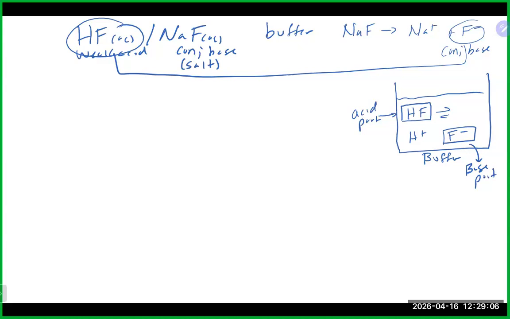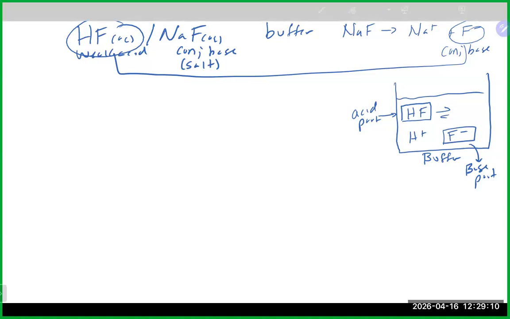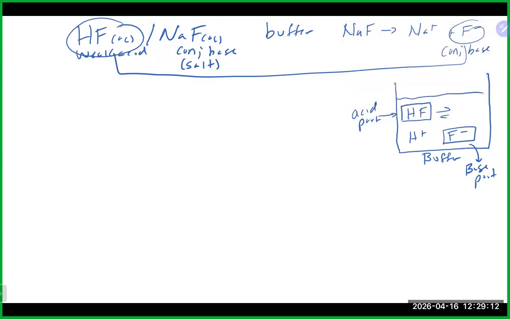So now if I decide, hey, I'm going to add my hydrochloric acid to my buffer. So my HCl, which again is a source of H plus and Cl minus, I'm going to add in there. When I add the HCl, which is hydrochloric acid, to my buffer, will it react with the HF or the NaF in this case?